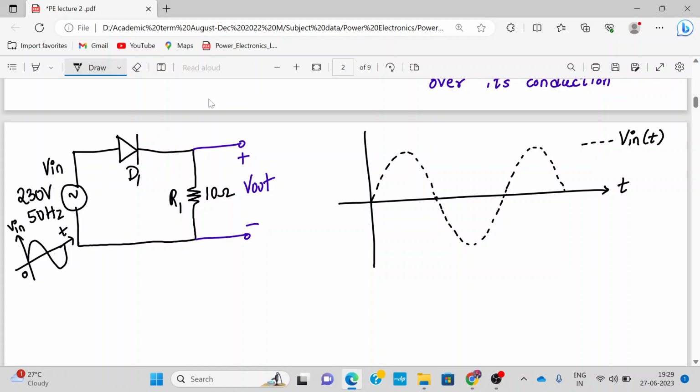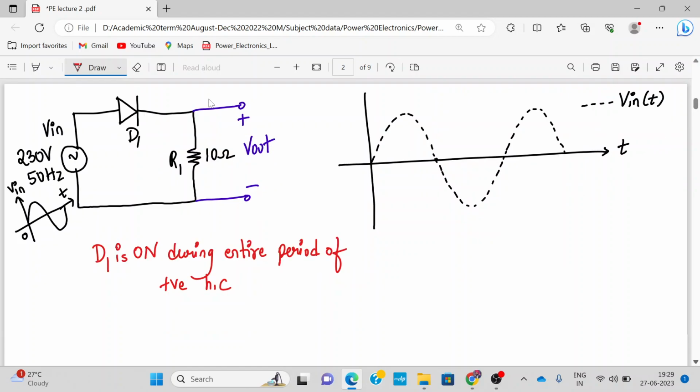Let's consider this scenario. When diode D1 is on, during the entire period of positive half cycle.